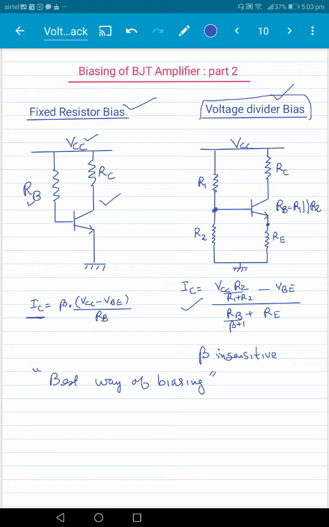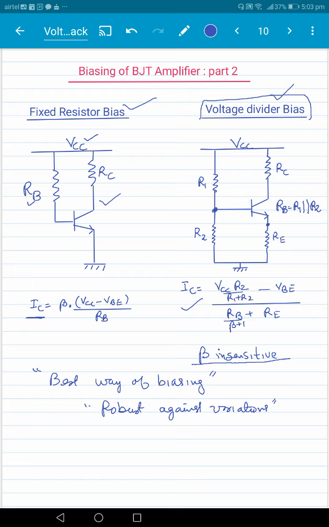And it's presented as if it's very robust against variations. So we have said that the circuit is beta insensitive, but that's not the only source of variations that are there here, and we'll look at that in a little bit more detail.